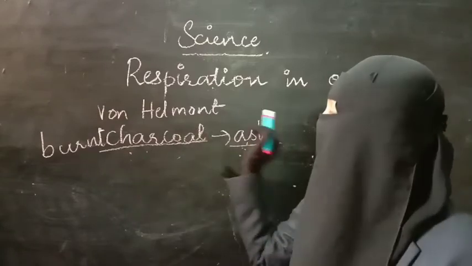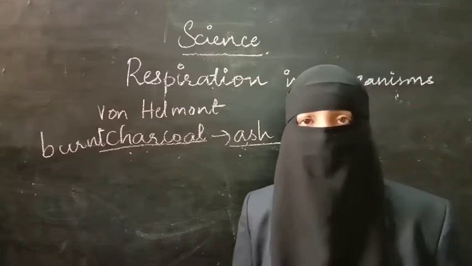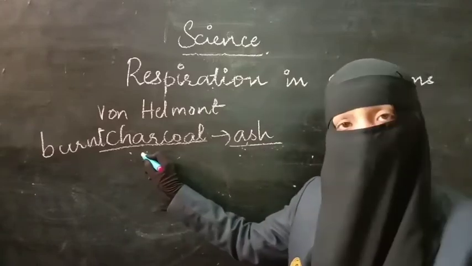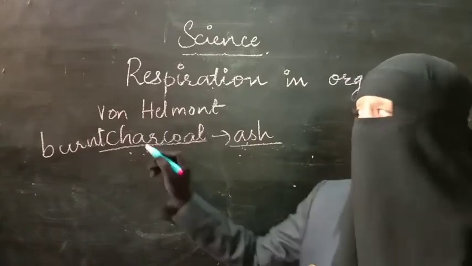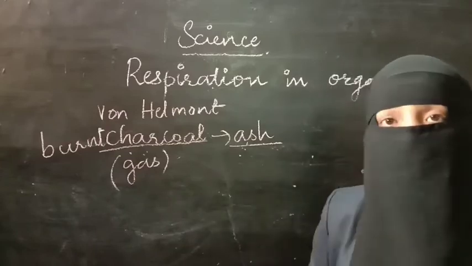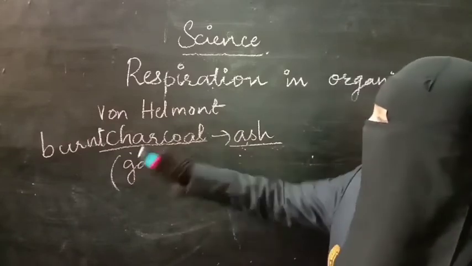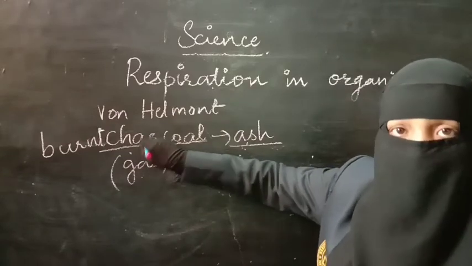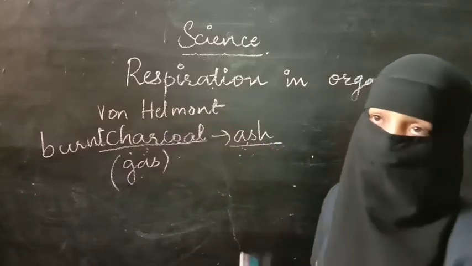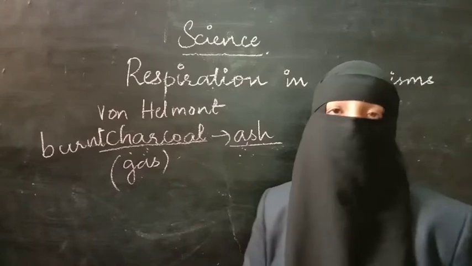So by this he came to a conclusion that there is some invisible substance present in the charcoal, which he named as gas. Because of the invisible substance present in the charcoal, the charcoal weighs more than the ash. He concluded. Who concluded? Von Helmont.